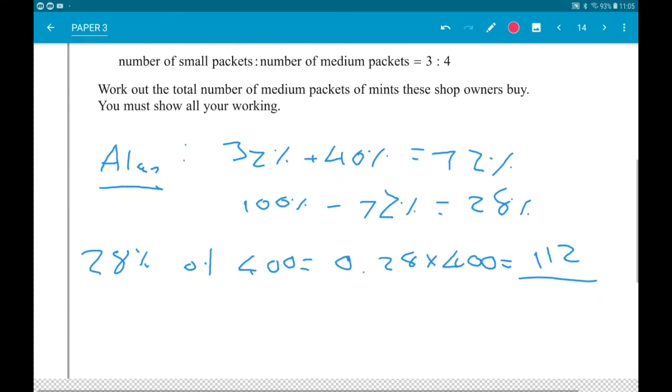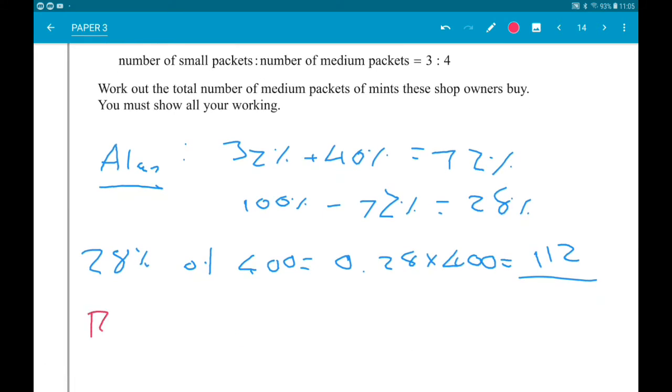So for Beryl, we want 6/10 of 500. Now 1/10 is 50, so 6 times that is 300.